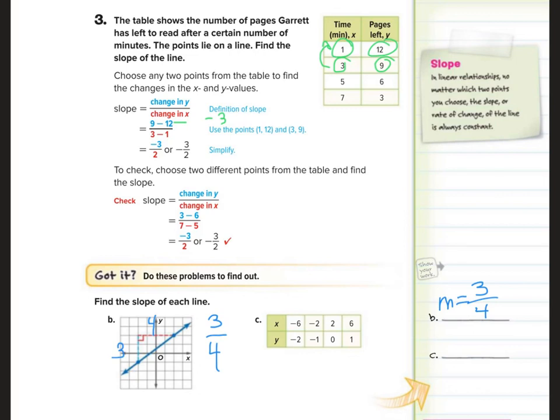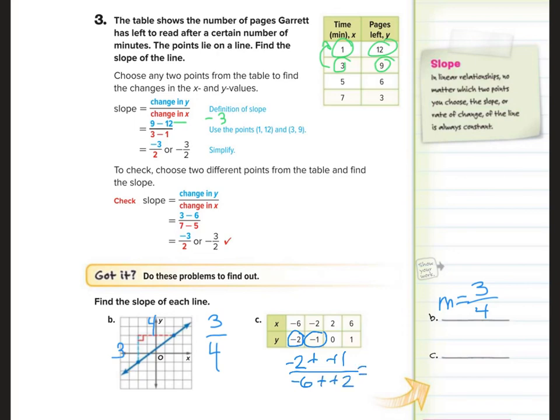For C, we're going to choose any 2 points and find the change in x versus the y values. So let's just pick the first 2. If I have negative 2 minus a negative 1, that's going to be negative 2 plus 1, over negative 6 minus a negative 2, which is plus 2.